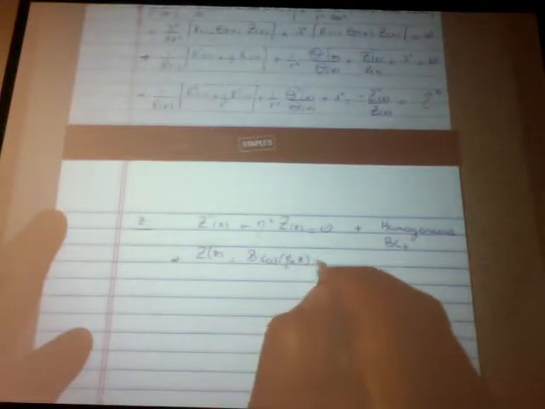So, Z(z) is equal to, well, it's going to look like b cosine of eta_n z plus c sine of eta_n z. And the b and the c, eta_n are eigenvalues, and Z_n(z) eigenfunctions, and N(eta_n), the norm.